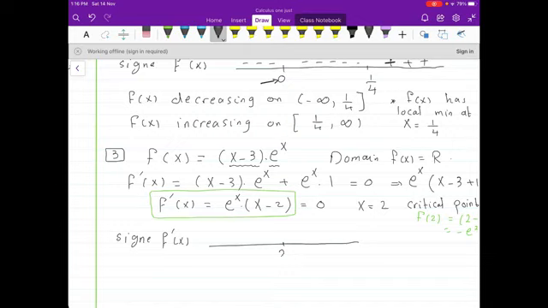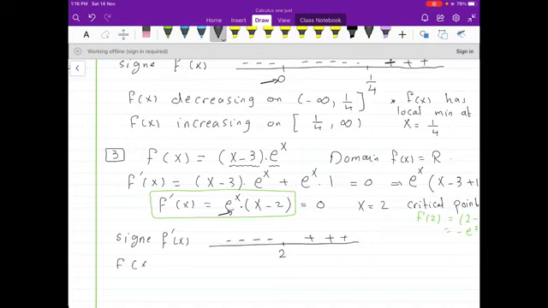We have 2 is a critical point. Study the sign. Choose a number greater than 2 like 3. Obviously, this is always positive, so the sign is positive. Why? 3 minus 2 is positive. If you choose a number less than 2, like 0, so the sign is negative.